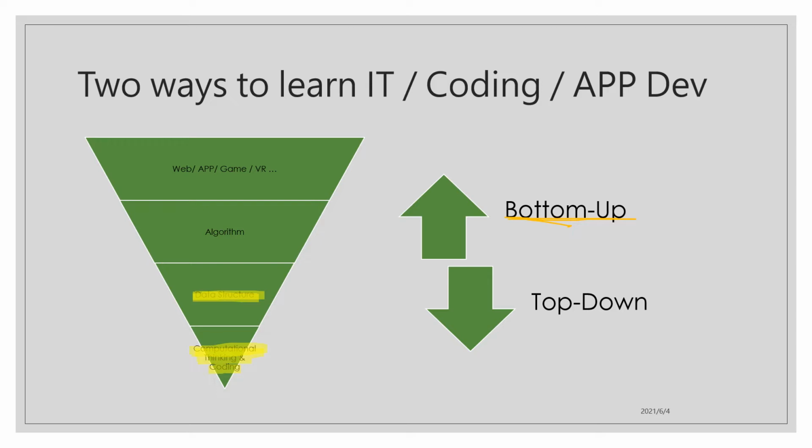After that, you will learn about algorithms, maybe about AI, computer vision, security, blockchain, etc. After that, you are able to build some applications: web applications, apps, games, VR, blockchain, Internet of Things, etc. So the bottom-up approach is a traditional approach and it is good.